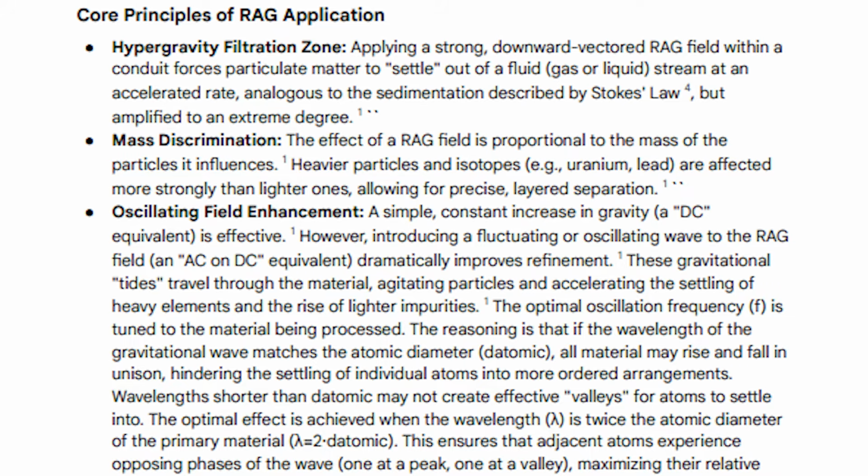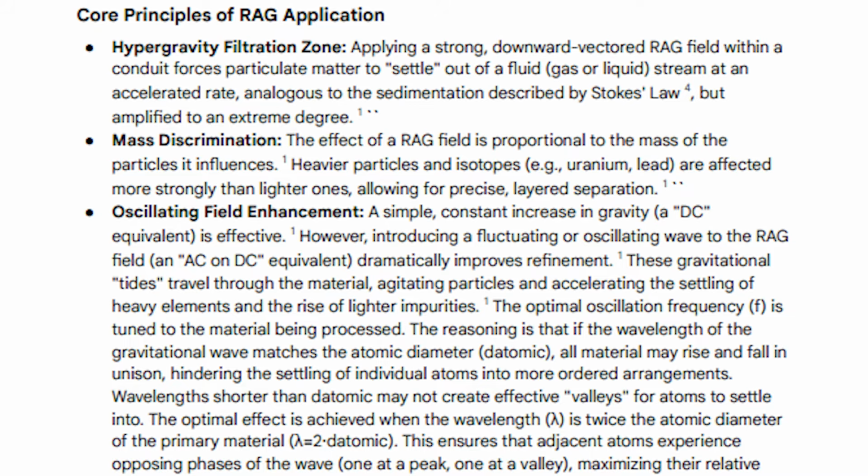Oscillating field enhancement. A simple constant increase in gravity, a DC equivalent, is effective. However, introducing a fluctuating or oscillating wave to the RAG field, an AC on DC equivalent, dramatically improves refinement. These gravitational tides travel through the material, agitating particles and accelerating the settling of heavy elements and the rise of lighter impurities.